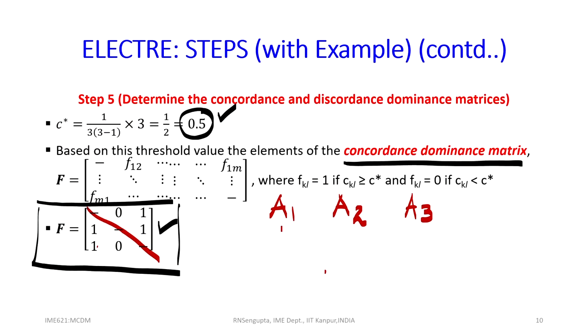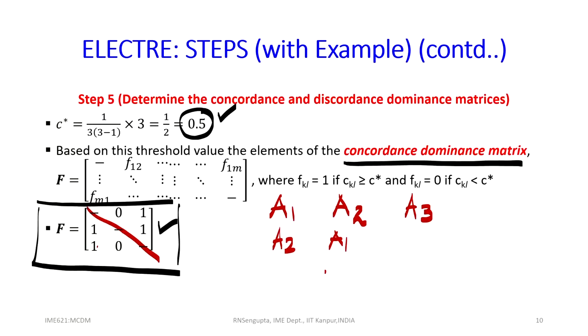Now, when I compare A 2 with A 1, the value is 1, which means that choosing A 1 did not give me any positive value, but when I chose A 2 with respect to A 1, the value is 1 crossing the threshold, which means it makes sense to choose A 2 with respect to A 1, but it does not make any sense in trying to choose A 1 with respect to A 2. Now, if I compare 2 to 3, obviously A 2 is better than A 3.